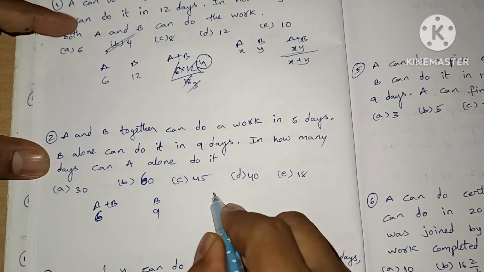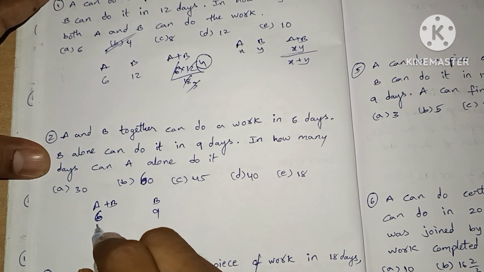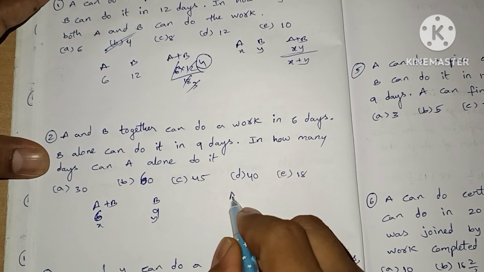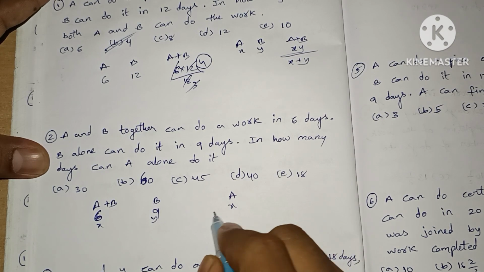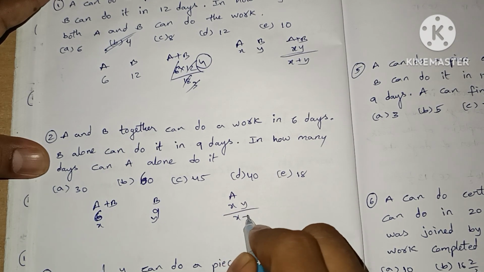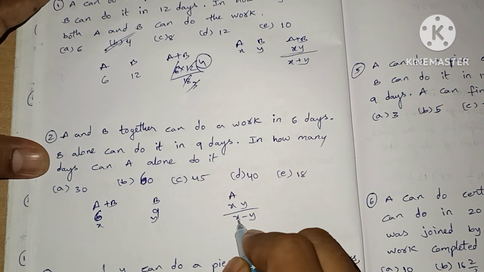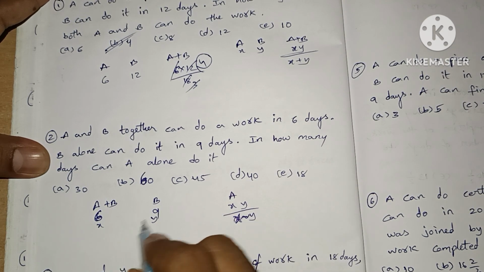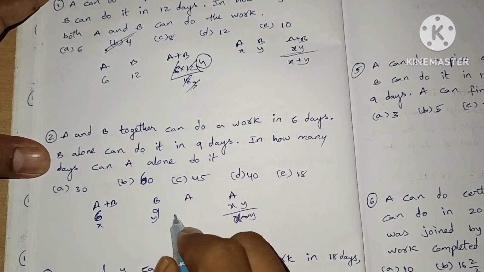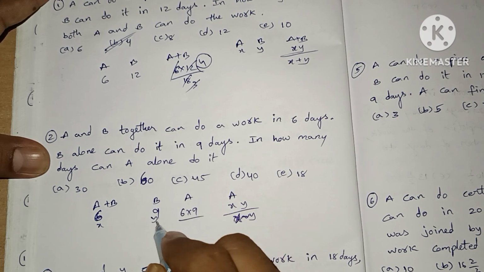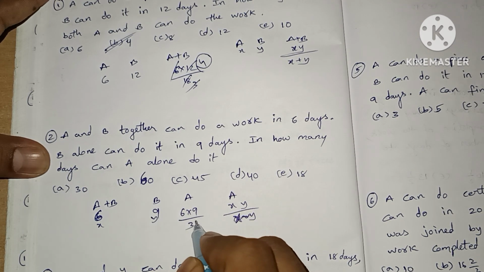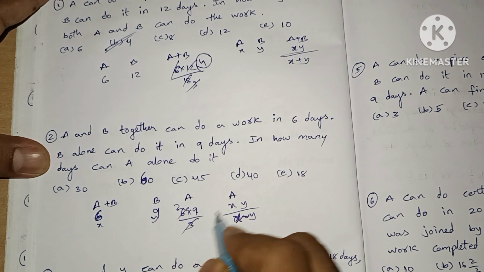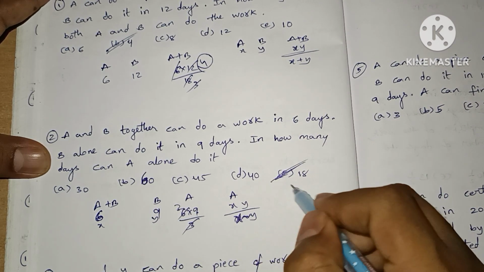For this, the formula is, if it is x and if it is y, then for A it is xy by x minus y, the difference between x and y. So for A we get 6 into 9 by the difference between these two, 3. 3 2 times 6, and 2 9 times 18. So the answer will be 18.